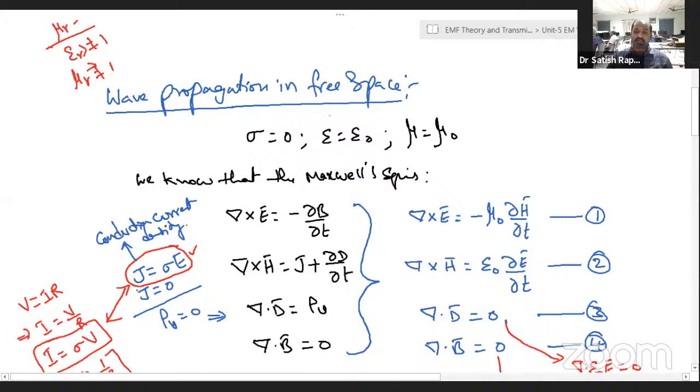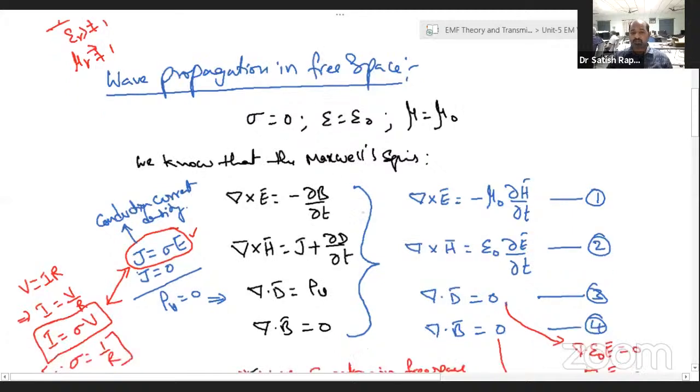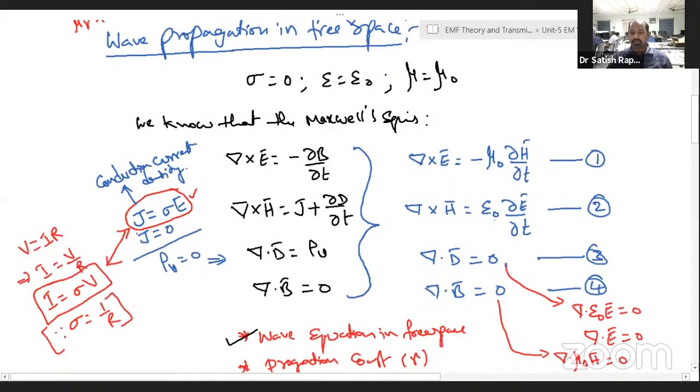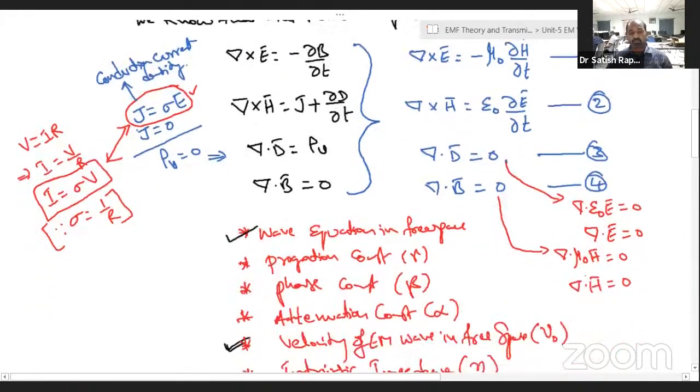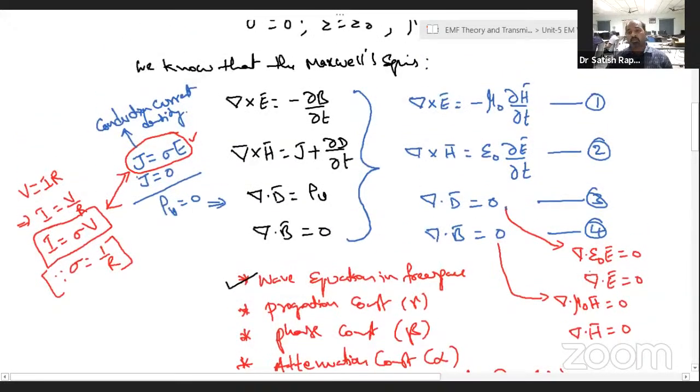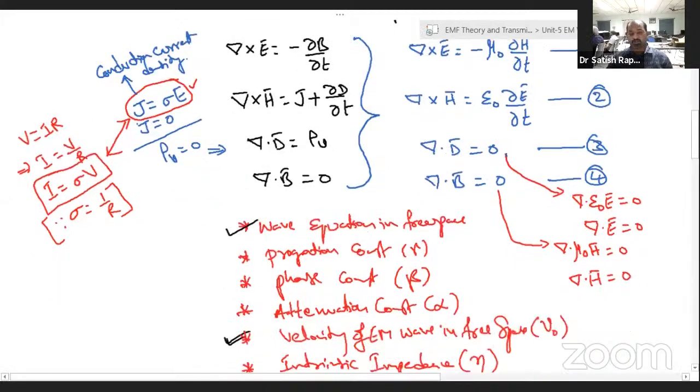Considering these characteristics and modifying Maxwell's equations accordingly, we will get this. These 4 equations, 1 to 4, are the modified equations of Maxwell's according to free space conditions. We have used these 4 Maxwell's equations to describe wave propagation in free space.